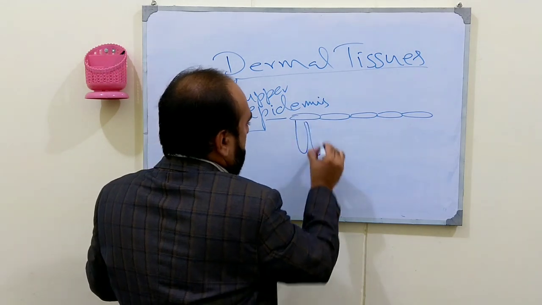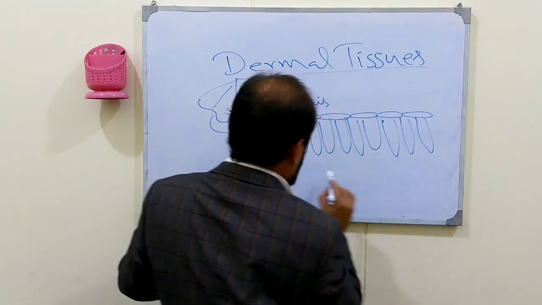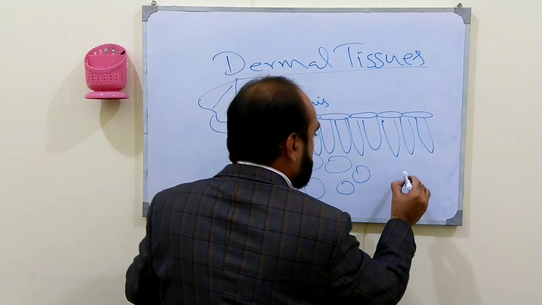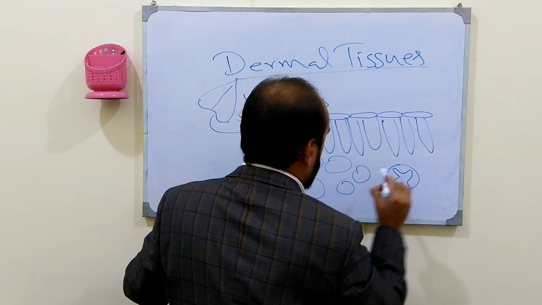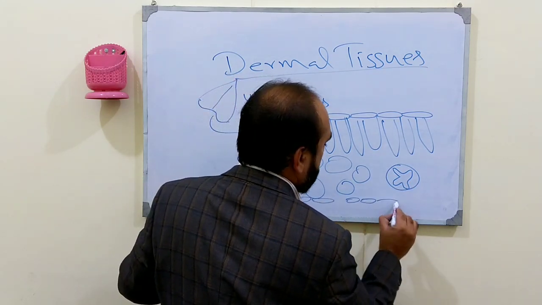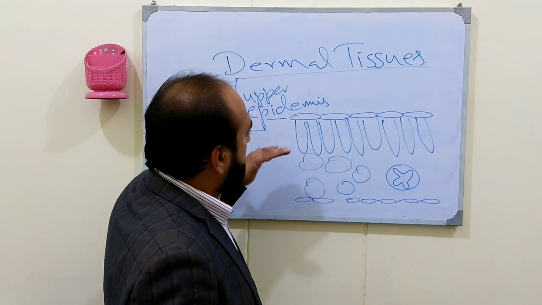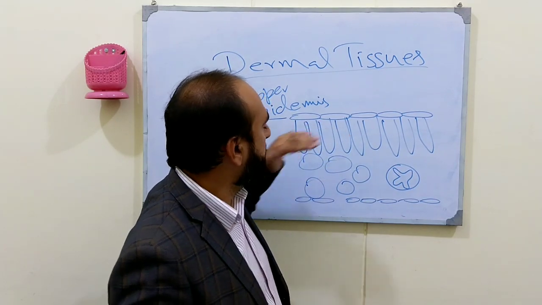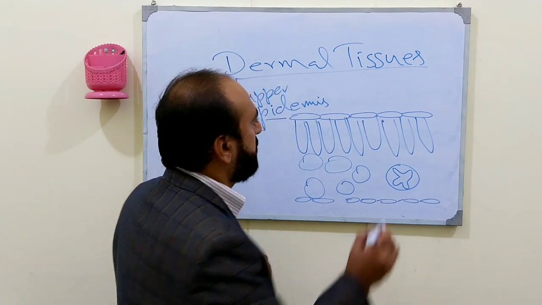Then we have mesophyll cells, which have their role in photosynthesis, and here we have vascular tissues, then lower epidermis. The epidermal cells, which are elongated cells, secrete a fatty substance called cutin.